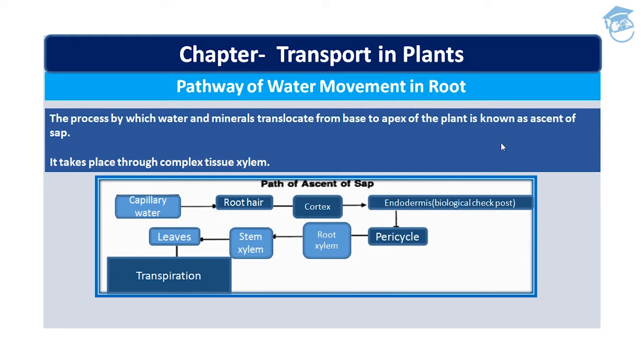So from pericycle, sap will go to the root xylem, and from root xylem to the stem xylem, and from stem xylem to the leaf, and then it finally transpires out. Transpiration is a process by which water is lost from the leaf. So this is the typical representation of the path of ascent of sap.